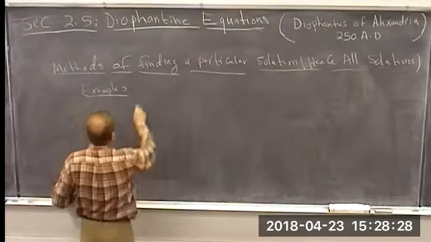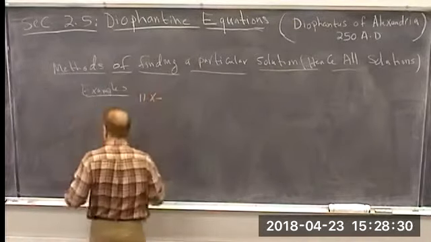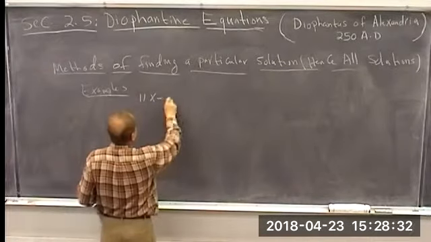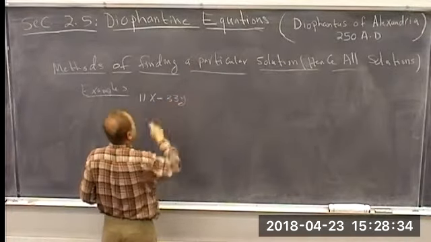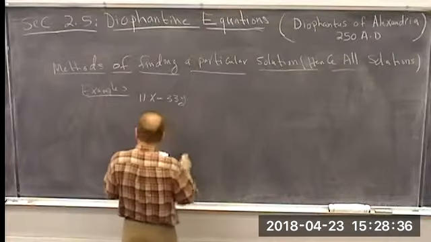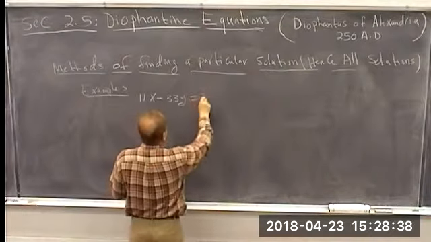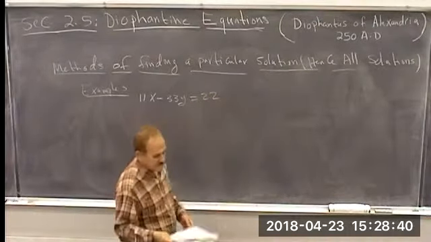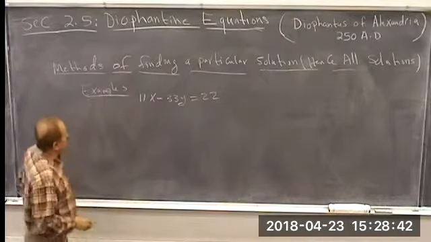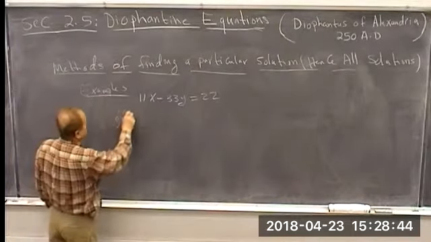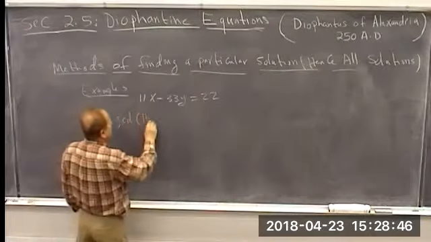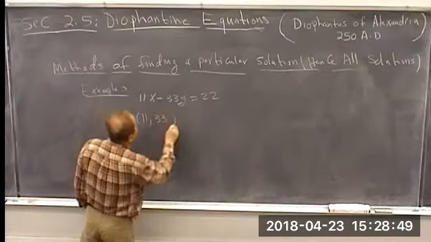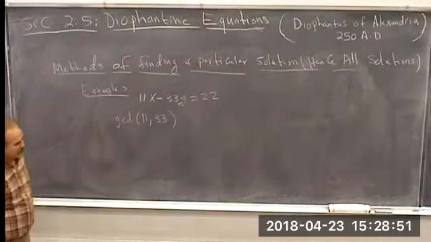Let's look at 11x minus 33y, so b is negative 33, is equal to 22. First of all, the greatest common divisor of 11 and 33, we don't need to take the negative, we can take the positive.